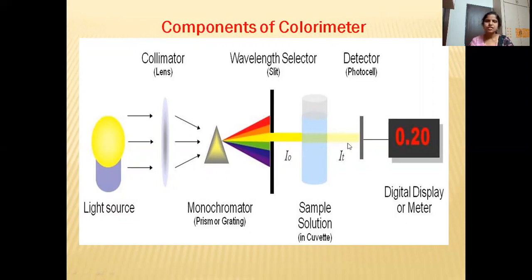The intensity of the emitted light is less compared to the incident light. The light that falls on the detector, where photocells act as the detectors, is converted to an electric signal, and there we can read out the absorbance. So these are the components of the colorimeter.